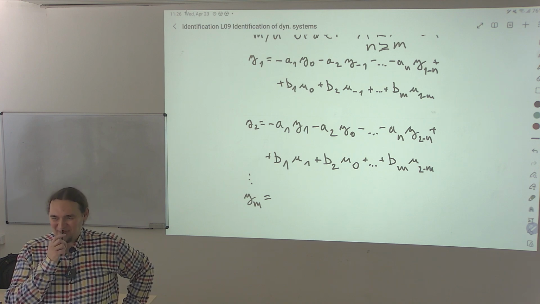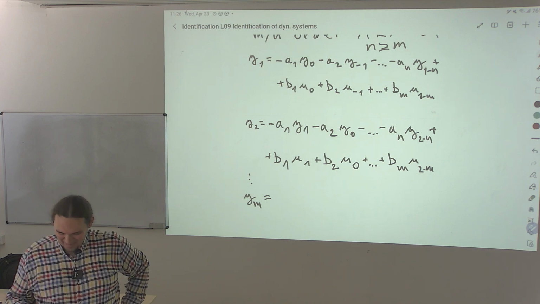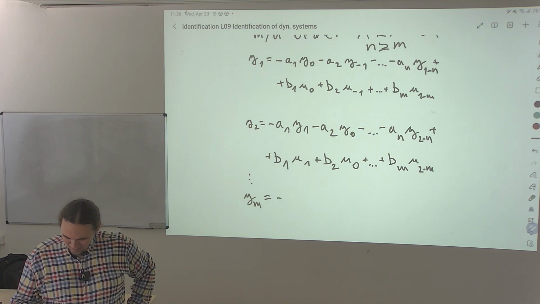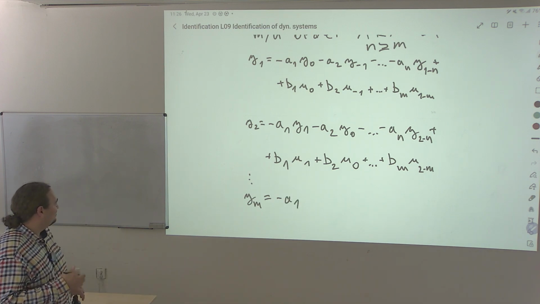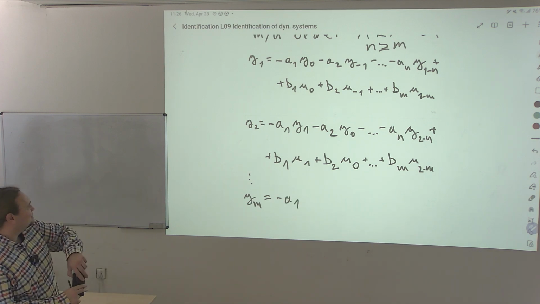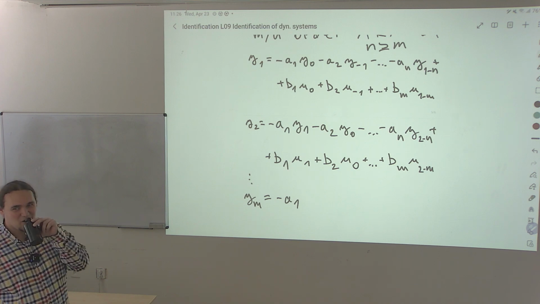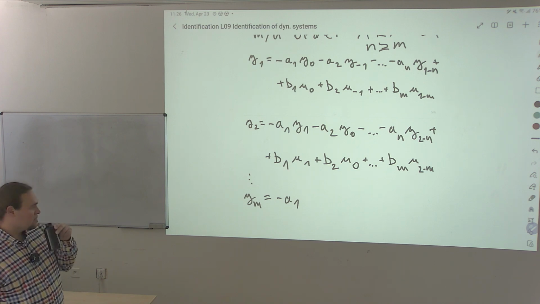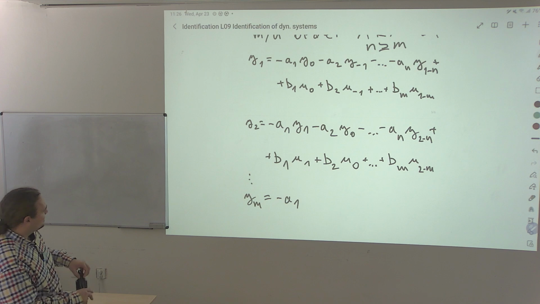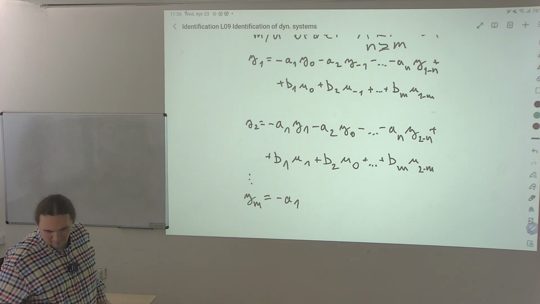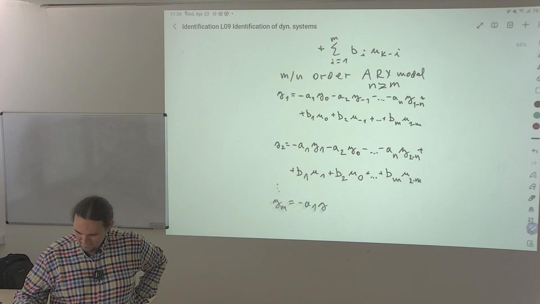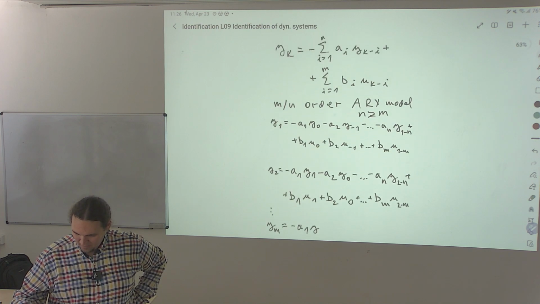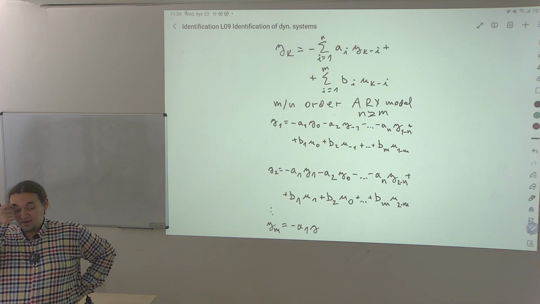So let's continue our nice game. What will the data that we will use for this prediction be like? Yeah, we can still make it there.